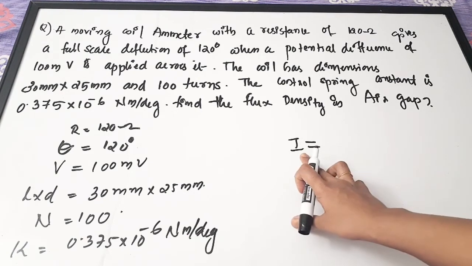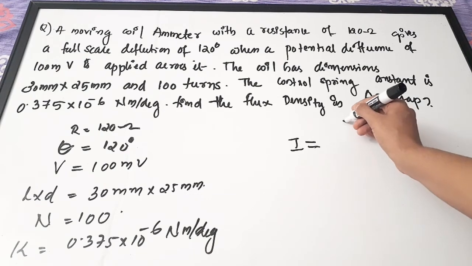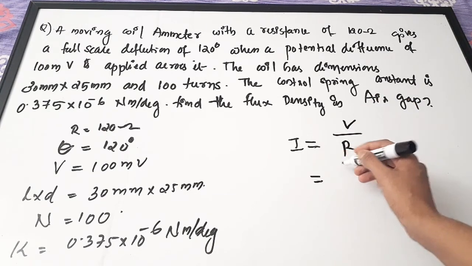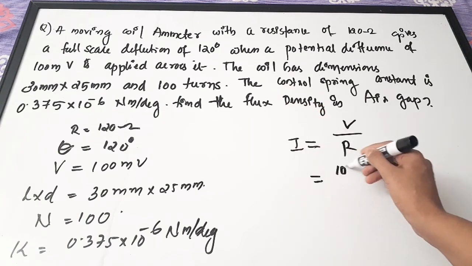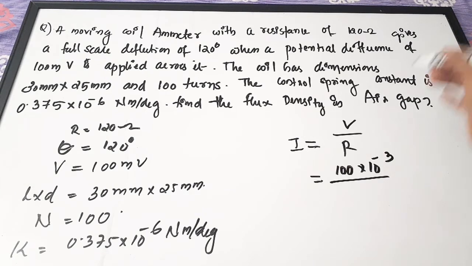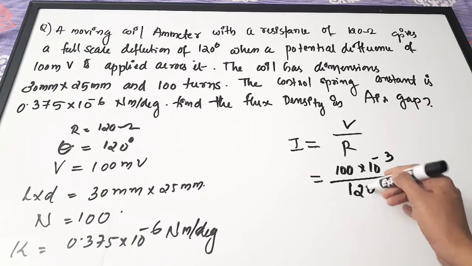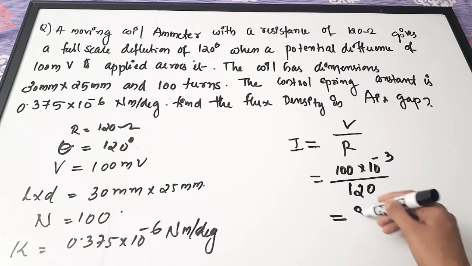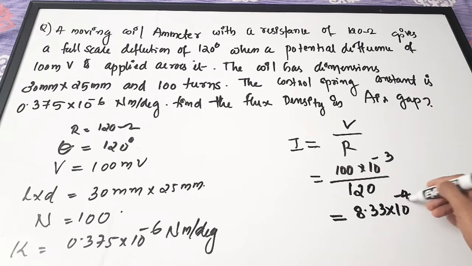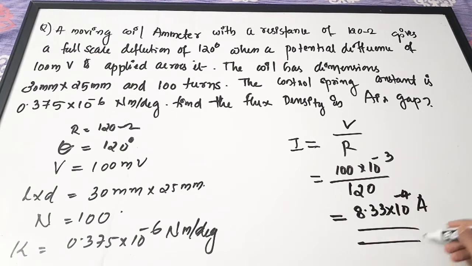This current I, which is a full scale current, is given by V by R. What is V? V is 100 millivolt. So 100 into 10 raised to minus 3 by 120 ohm, and the current value you will be getting as 8.33 into 10 raised to minus 4 amperes.